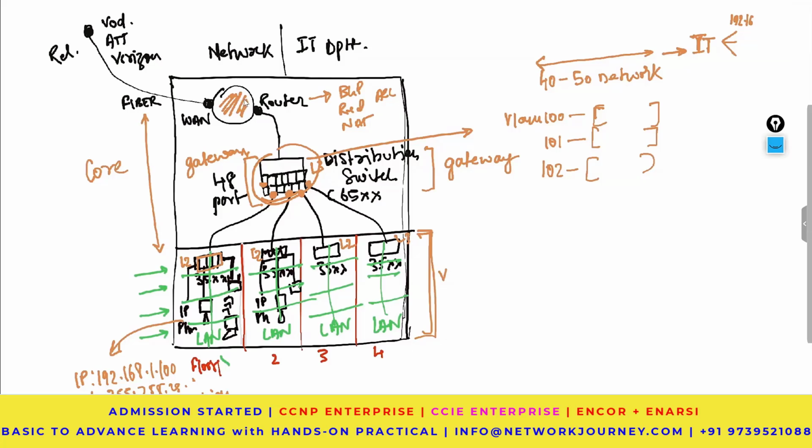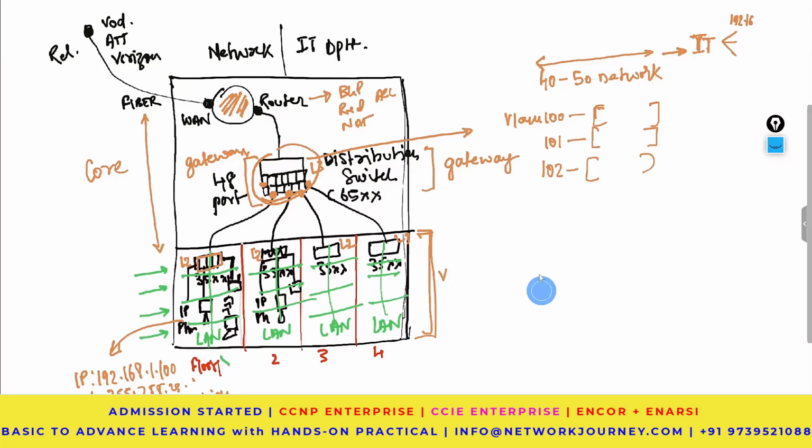So we better divide them into two different components. Core will be a router, and for distribution we can take a very high throughput switch where we can configure the gateways. So all that internal ping pong will be taken care of by the distribution switch only. The router will not be disturbed by this kind of ping pong.